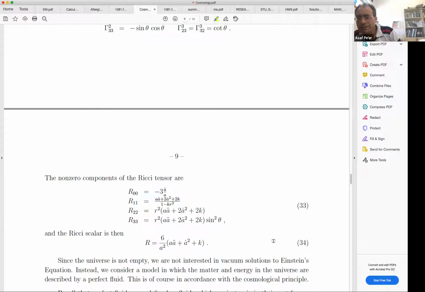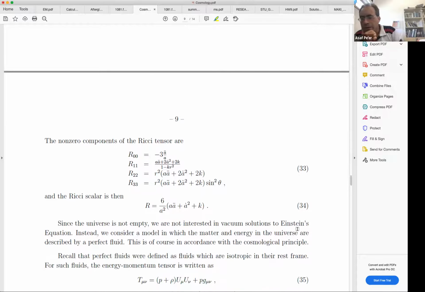But now, as opposed to what we did in deriving the Schwarzschild metric, the right-hand side is not zero, because we cannot claim that the universe on a large scale is empty. It contains matter. It contains energy. Now, what can we claim about this matter and energy content of the universe?